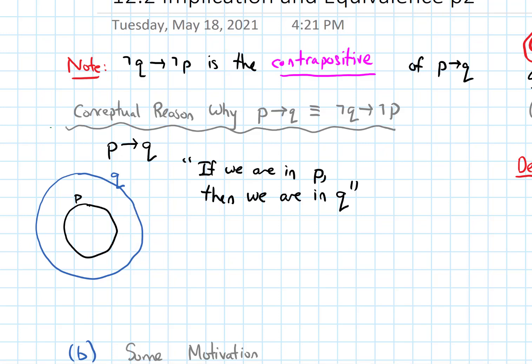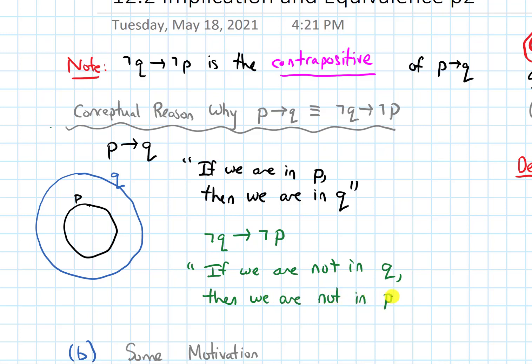But now if we look at the contrapositive, which flips the order and puts negations on both of these, so not Q first, implies not P second. In words, that means if we are not in Q, then we are not in P. And that's also being represented by this picture.